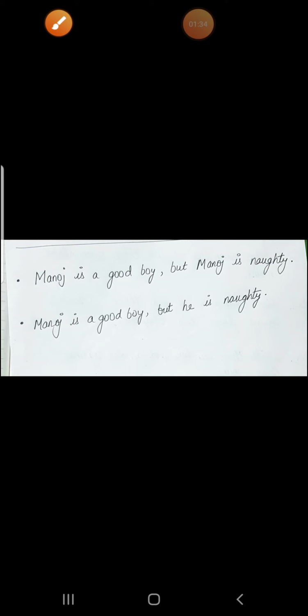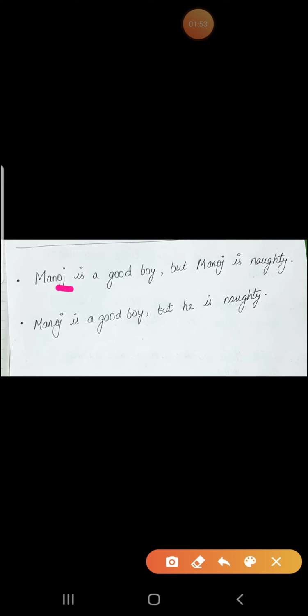In both, the meaning is the same, but the way we are writing is different. If we have to say many things about Manoj, in every sentence we will write Manoj, Manoj, Manoj. That is not correct. So writing in this form is incorrect.